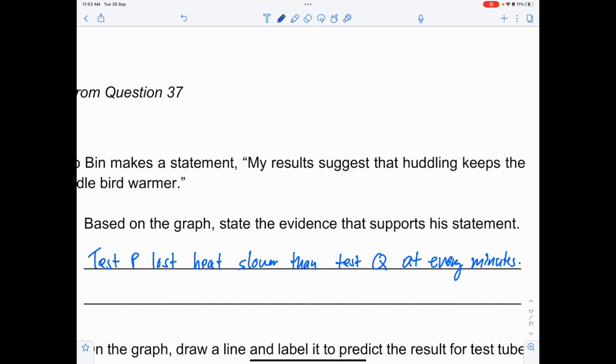Okay, or you can also say P was at a higher temperature at every minute, or higher temperature than Q. Okay.